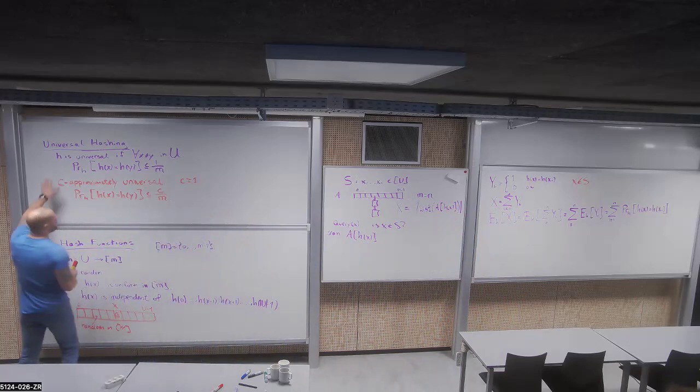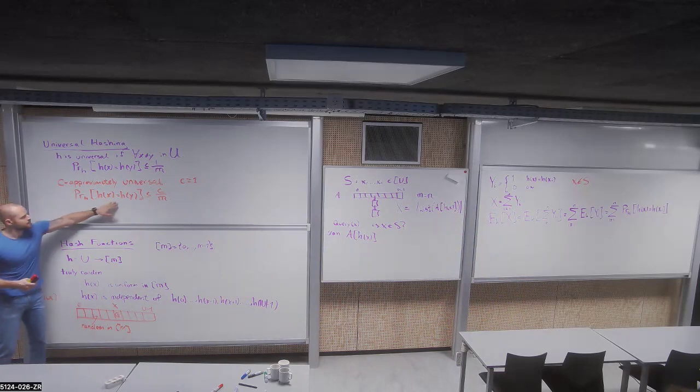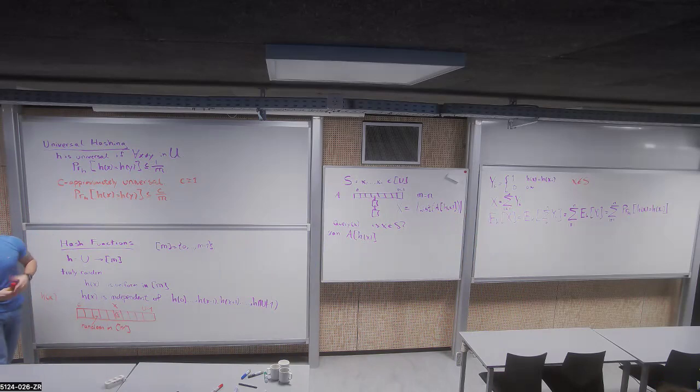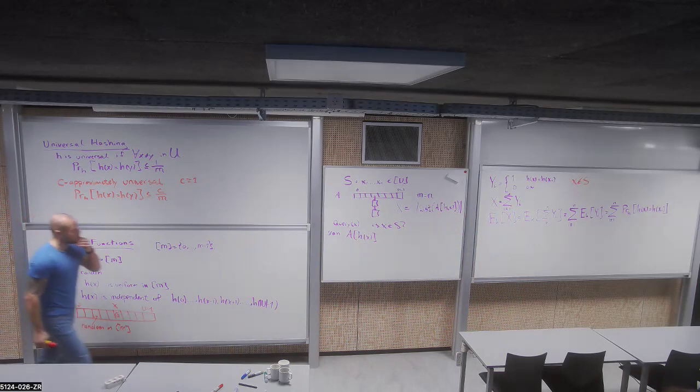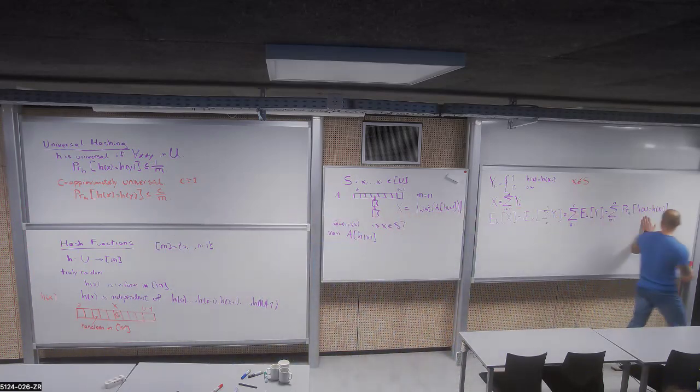Basically it says that for all pairs of distinct keys, the probability they hash to the same value is at most C over m. That's exactly one of these probabilities here, that two distinct keys hash to the same. So for analyzing this probability, it's sufficient to just have this C approximate universal.